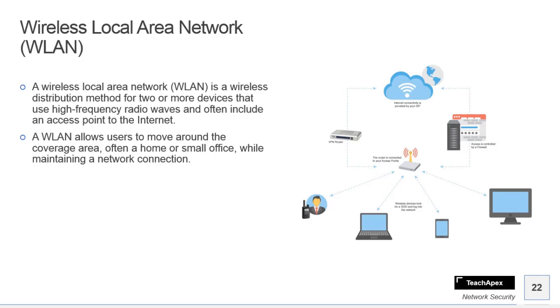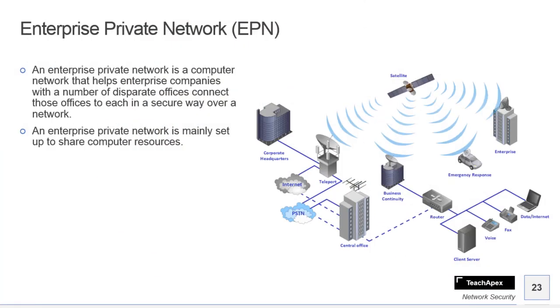All right, then next we have enterprise private network. Basically this type of network is built and owned by businesses that want to securely connect its various locations to share computer resources. It serves the original purpose of a private network where data is protected and resources are shared.